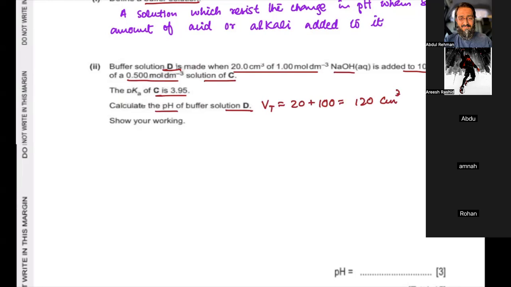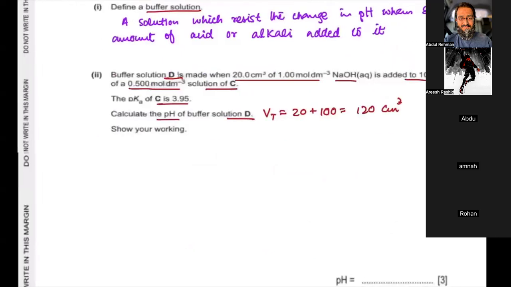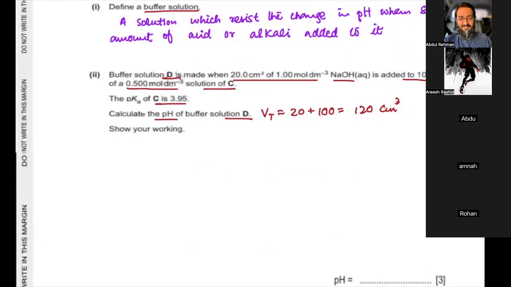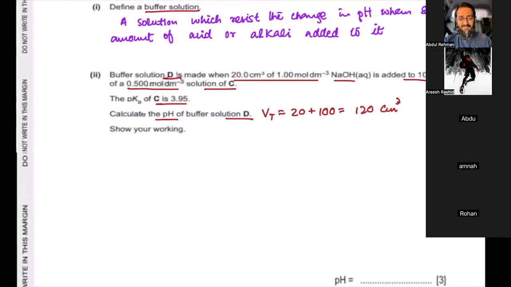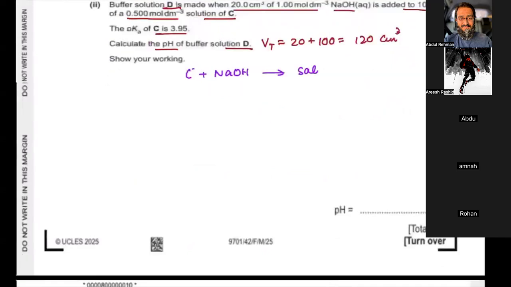Okay. Now, C has one carboxylic acid, so it is going to react with 1 mole of NaOH, right? So you can just make the equation that C plus NaOH gives you salt and water. We are going to make the ICE table to find the concentrations of each at equilibrium, and then we are going to use the pH expression for buffer.